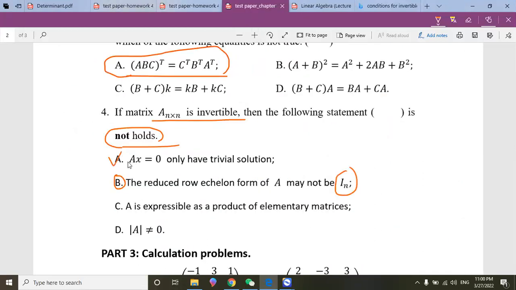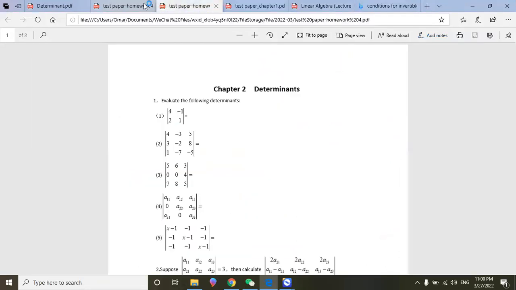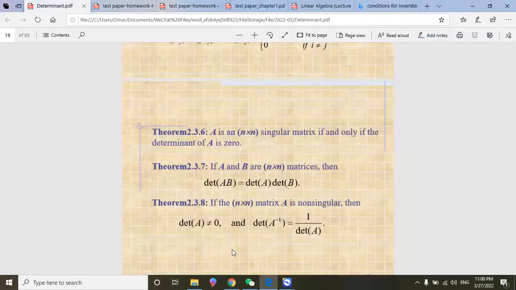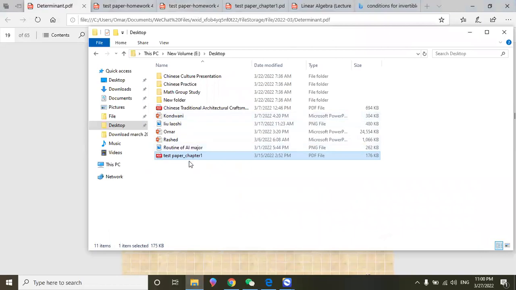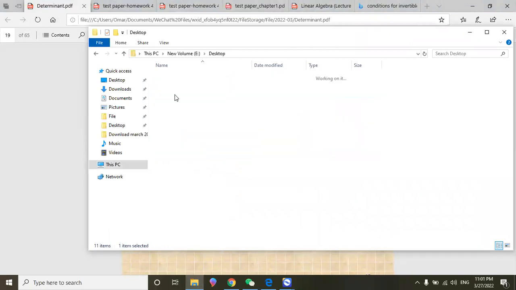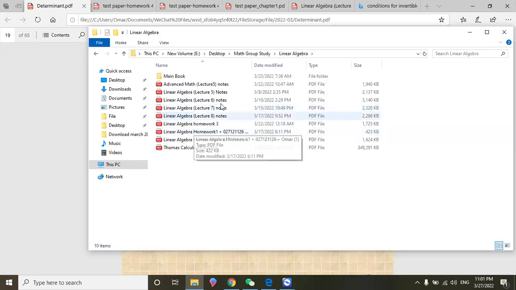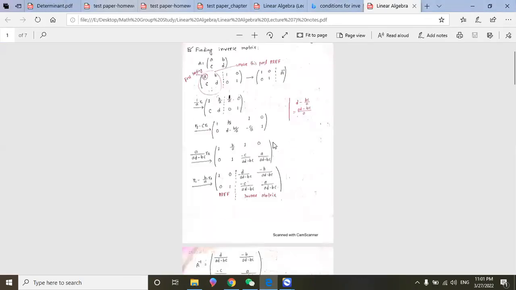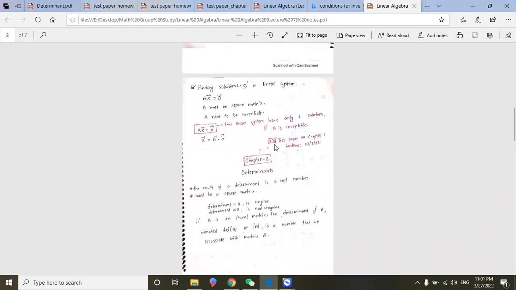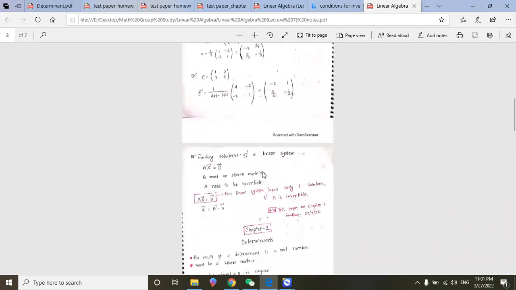So the first option here: if Ax is equal to 0, only have a trivial solution. Okay, let me show you the note of Laoshi. Maybe I explained that there. It was in lecture, I don't know which lecture, lecture 7. Invertible matrix determinant.